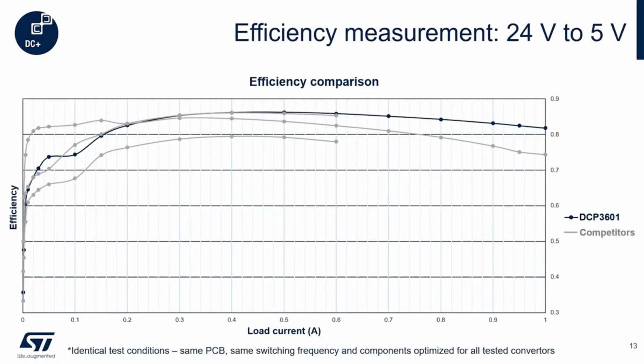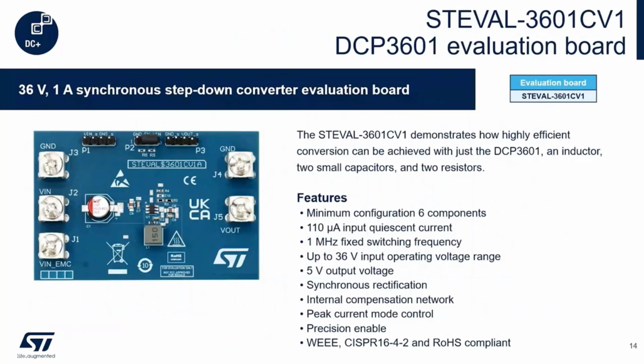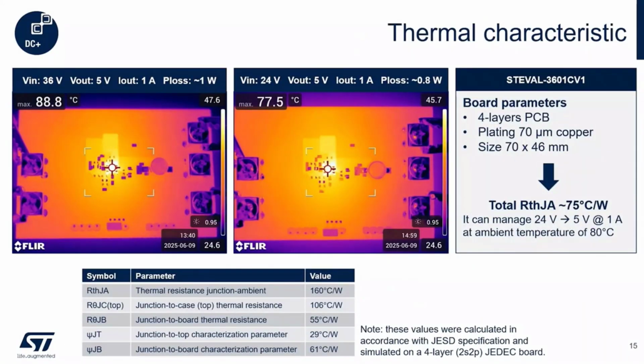Very efficient device. Again, it's a buck regulator, so it leverages very high efficiency, in a very small footprint. So you can actually see here the total solution footprint in our STEVAL-3601CD1, which is the DCP3601 evaluation board. And also a quick snapshot of the thermal characteristics of the evaluation board.